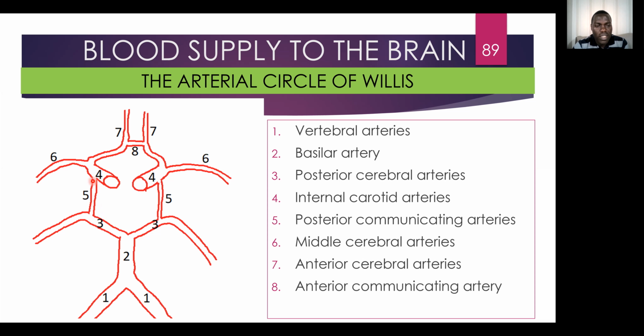And so look at this. We see a complete ring at the base of the skull. This complete ring of arteries at the base of the brain is what we call the arterial circle of Willis. The arterial circle of Willis is the anastomosis of arteries at the base of the brain.